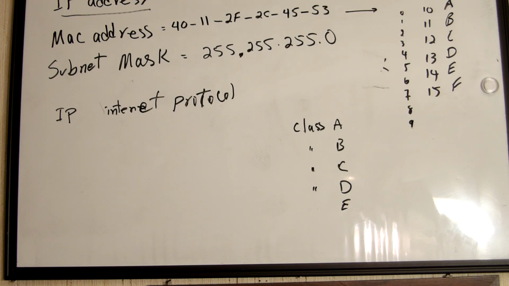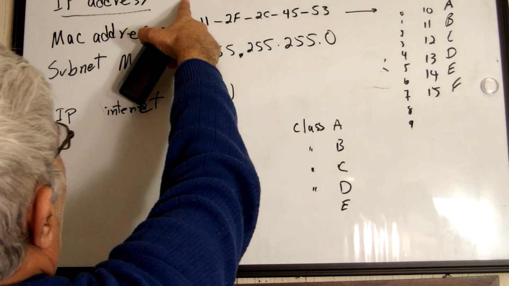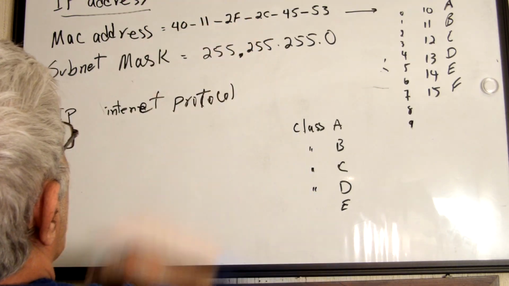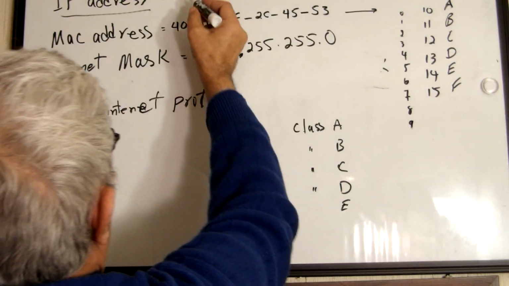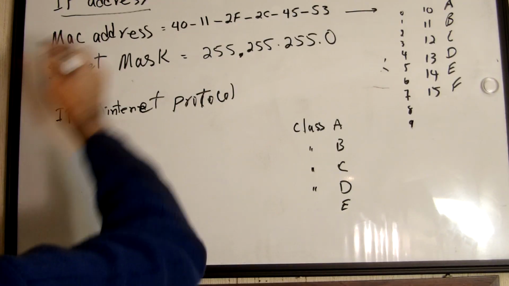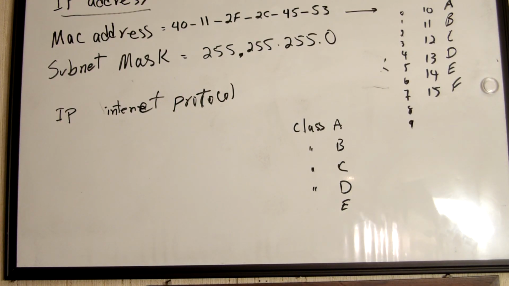Let's go into more detail about the IP address. You see that there is a dot between the numbers.